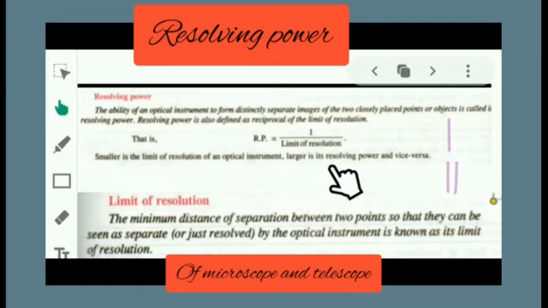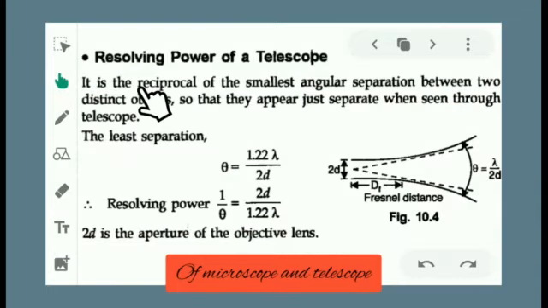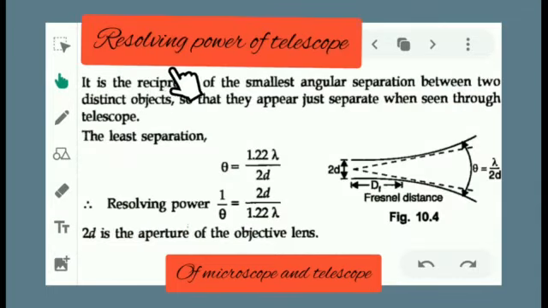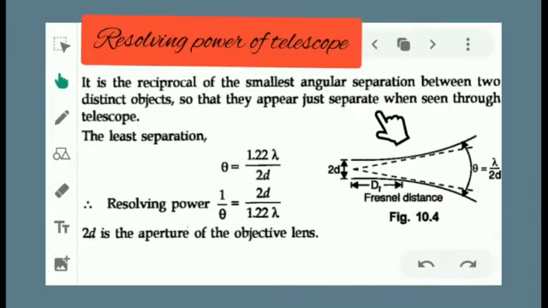In this chapter we have to discuss the resolving power of the telescope and microscope. Next we are going to discuss the resolving power of a telescope. Here 2D is the aperture of the objective lens and theta is the limit of resolution.